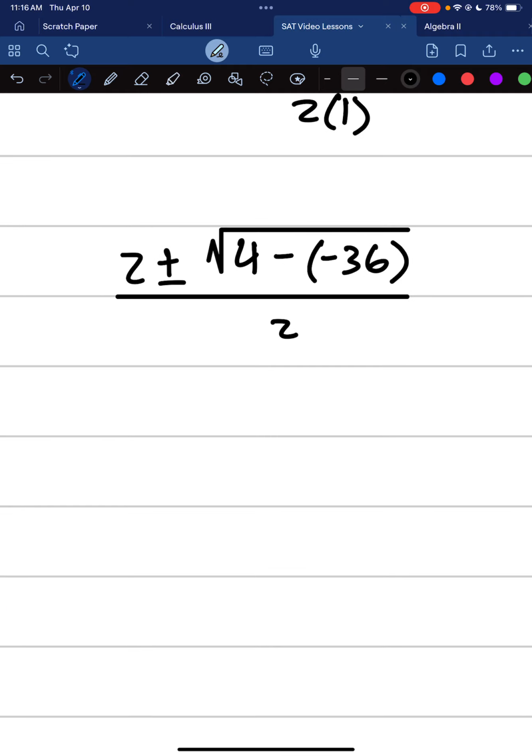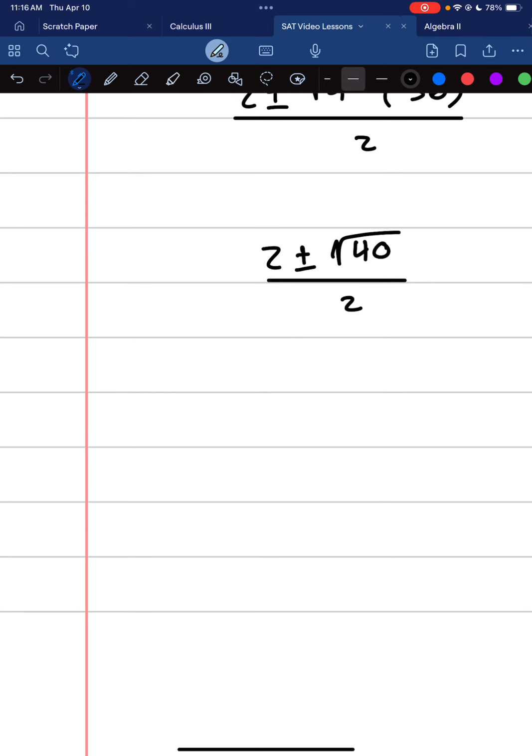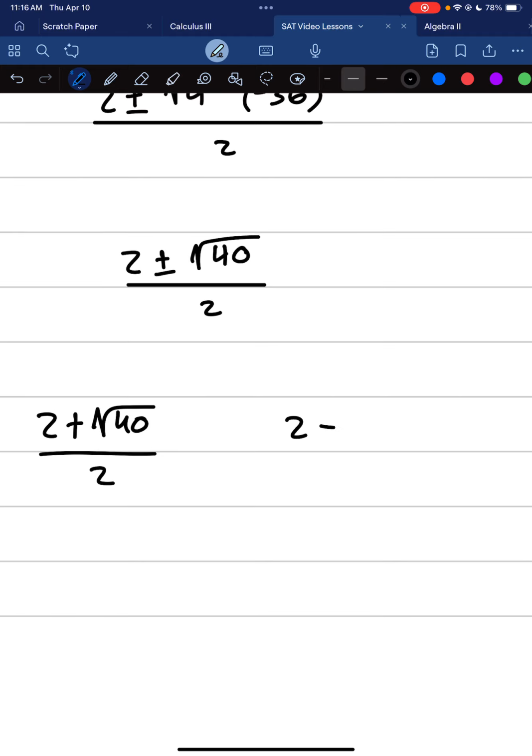And 4 minus negative 36 becomes 4 plus 36, or 40, so I end up with 2 plus or minus root 40 over 2. And now I have two solutions, 2 plus root 40 over 2, and 2 minus root 40 over 2.